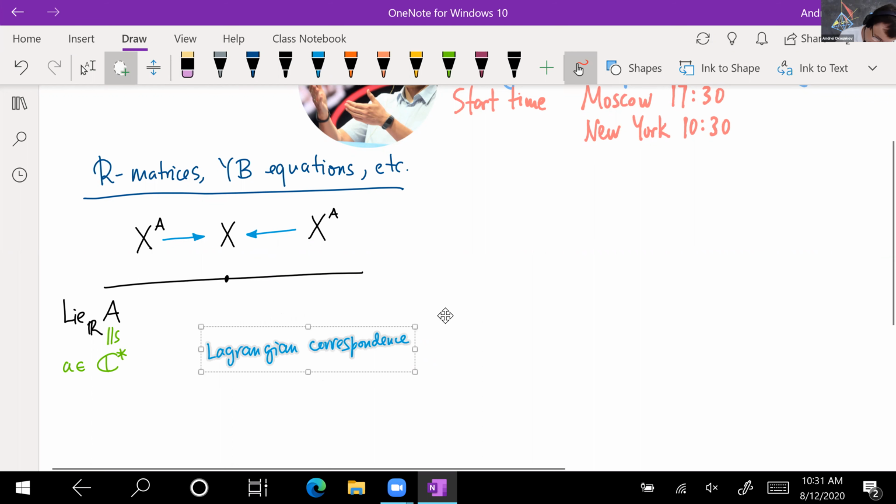Namely, for a polarization of a fixed locus, you take the polarization of X, restrict to the fixed locus, and take the fixed components.